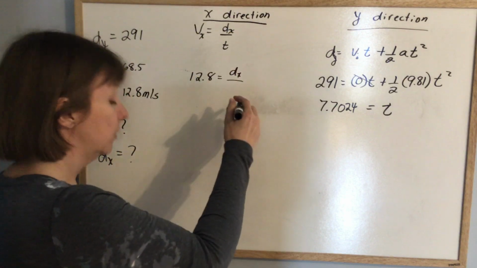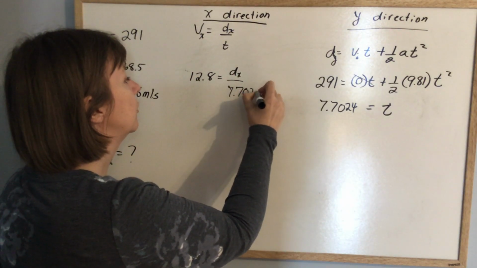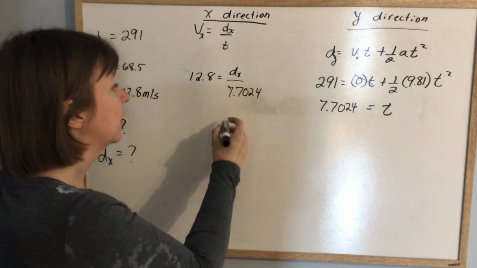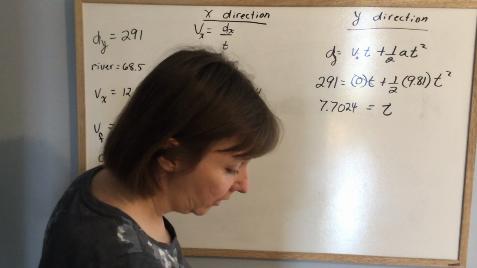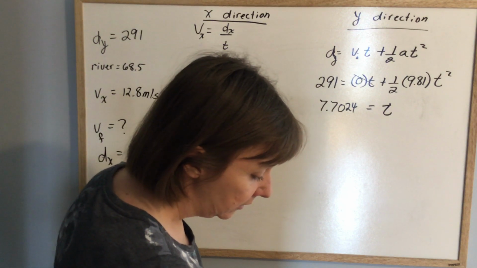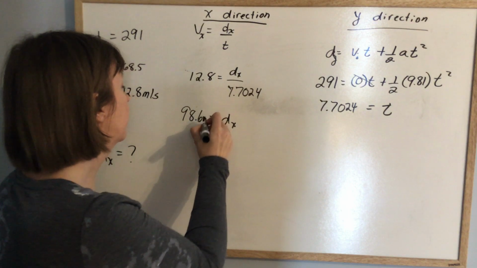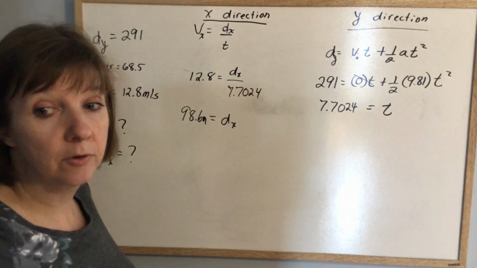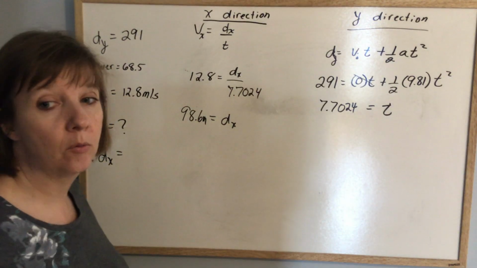Then that is also the time in the x direction, 7.7024. So now I can actually solve this. My displacement in the x direction actually turns out to be 98.6 meters when I pay attention to significant figures. And I'm paying attention to significant figures because that's an answer. That's one of the things they wanted to know.